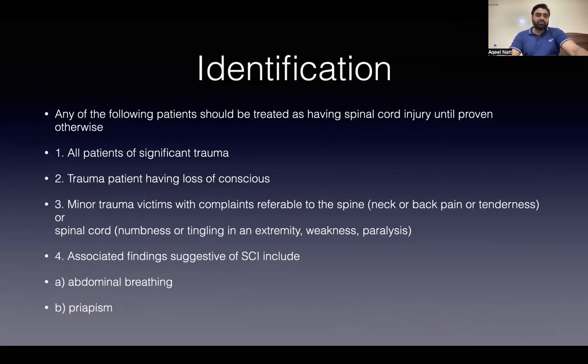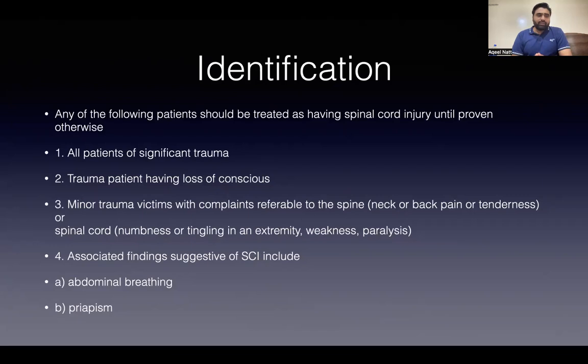Patients with major trauma where there is loss of consciousness, or patients with minor trauma who are having back pain or neck pain, or there is tenderness in that area, or any abnormal feelings like tingling, weakness, paralysis, or anything related to neurological injury.